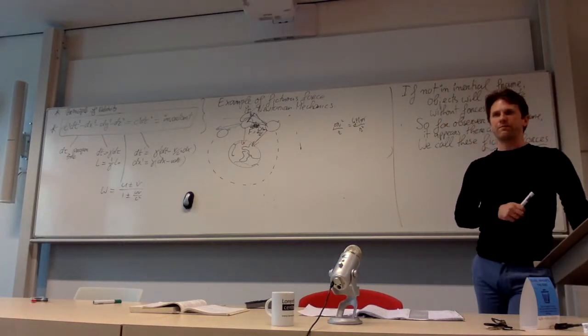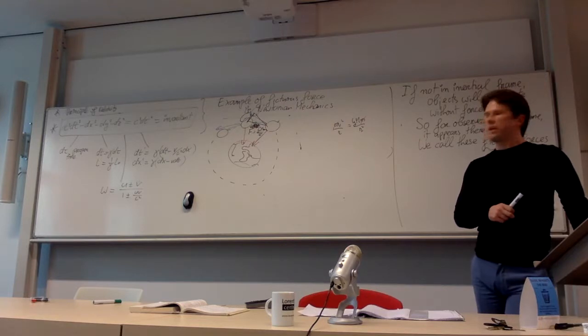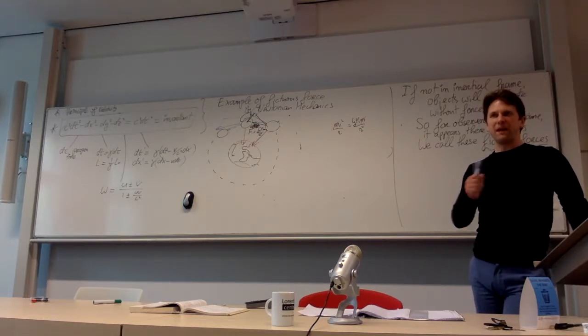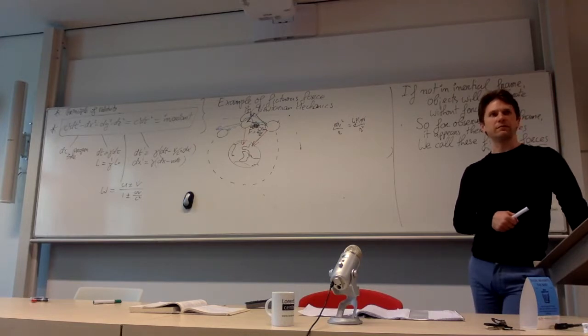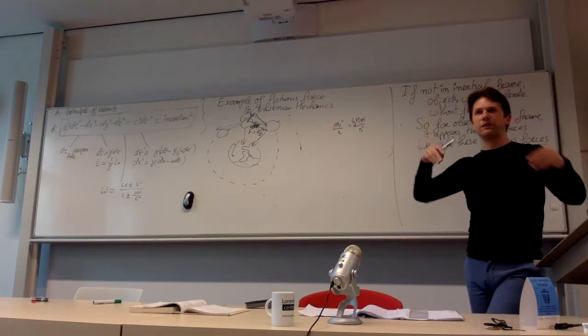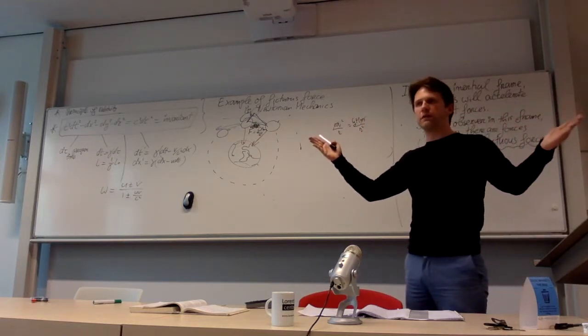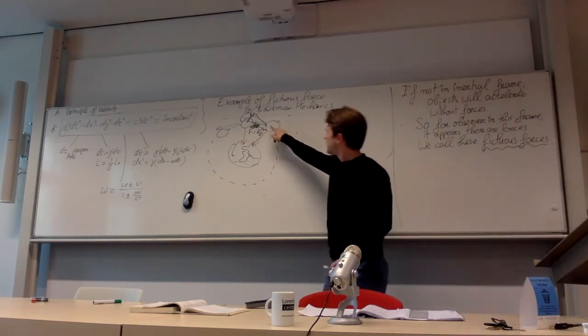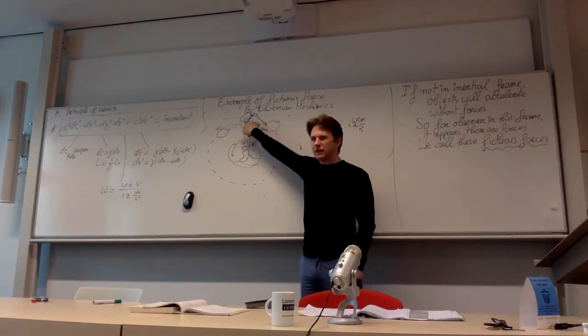Long story short, if you're in a non-inertial frame, you have to build in, by hand, fictitious forces. Again, fictitious forces are no real force in the sense that there's something pulling on the moon or whatever it is. It's really just the difference between where it actually ends up and where Newton's first law wanted it to end up.